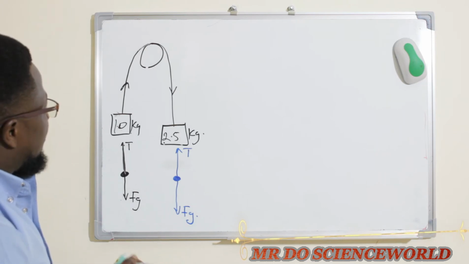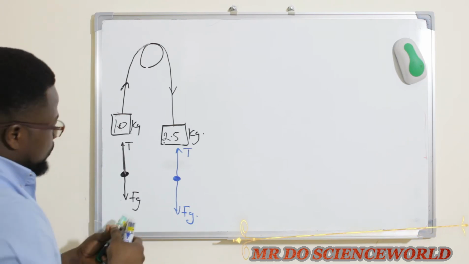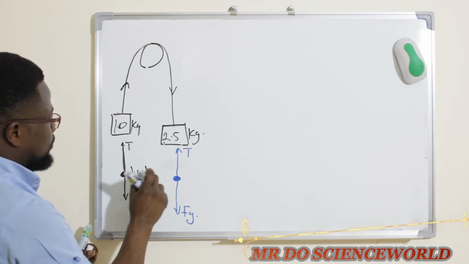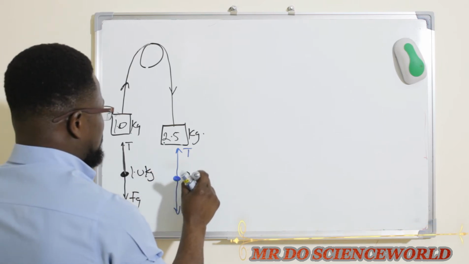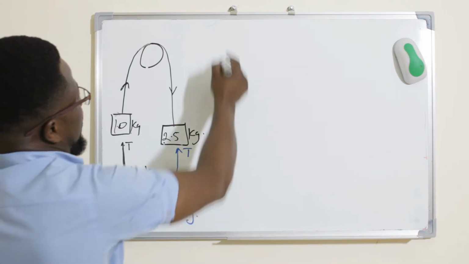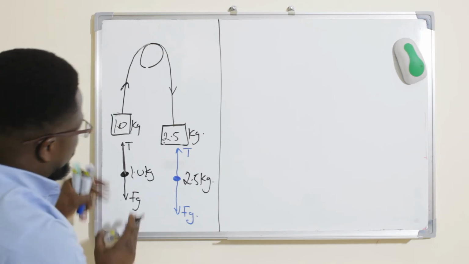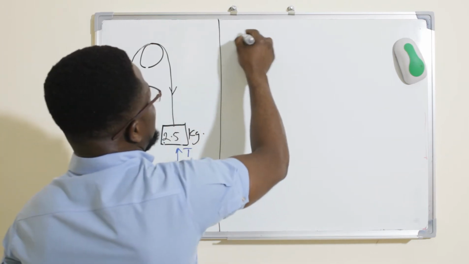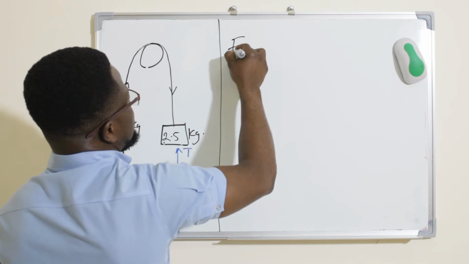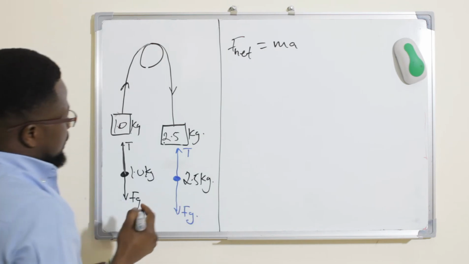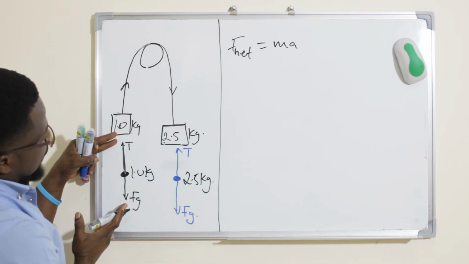Now let's try and solve the problem one after the other. 1.0 kg and this is 2.5 kg. Now let's try and find the net force on this and the net force on this. The net force here is just simply these two forces that are there.